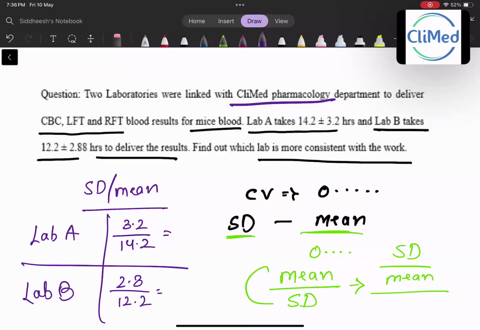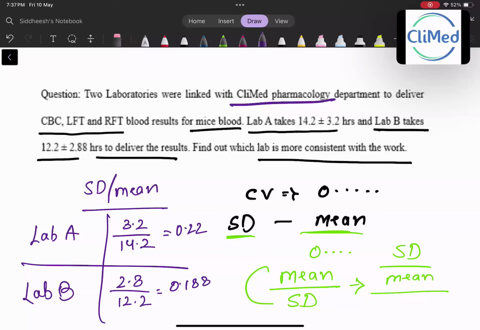Okay, so what is 3.2 upon 14.2? How much CV did you get for lab A? 0.22. Okay. What about lab B? How much did you get for lab B? Meghna, how much did you get for lab B? 0.188. Okay.